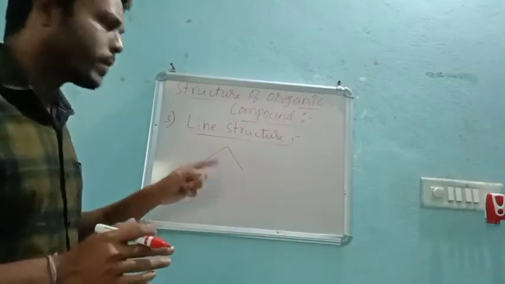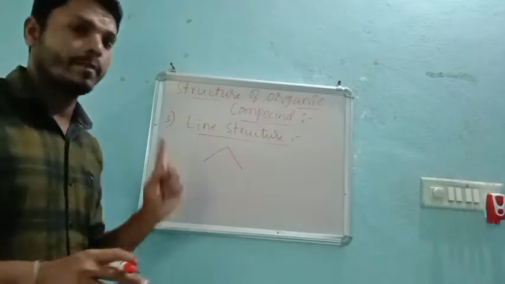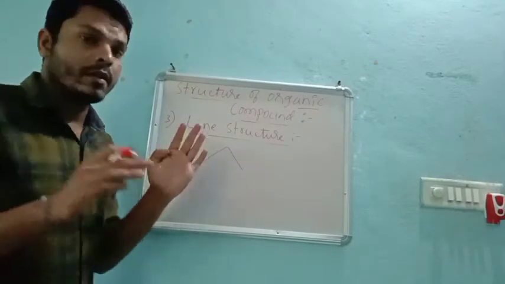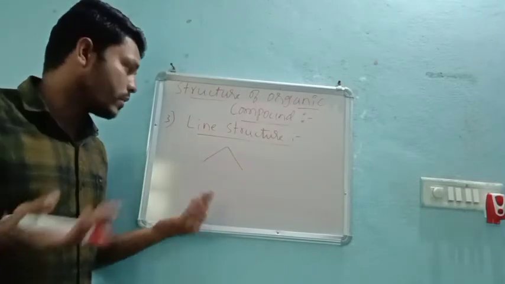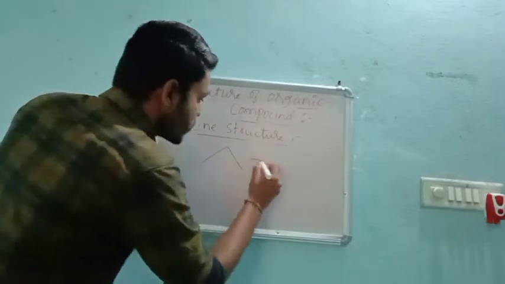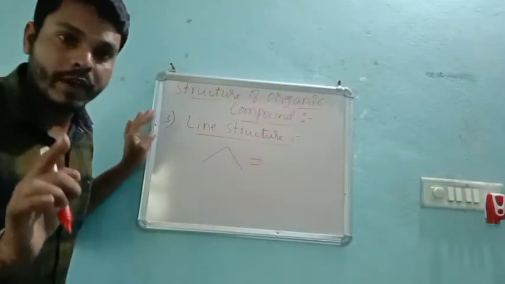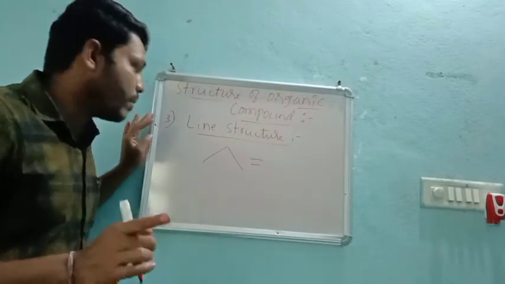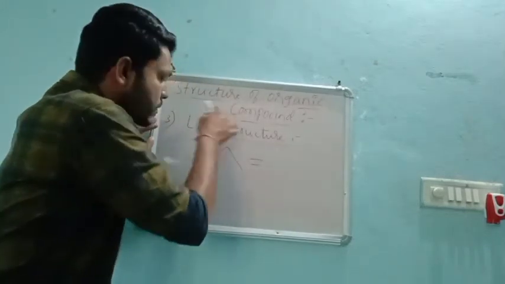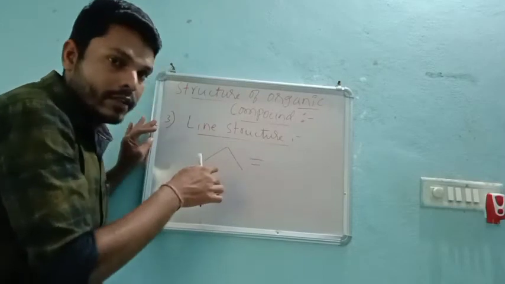We have to represent the complete structure with lines. Then how do we identify where there is a C and where there is an H? This is the difficulty. If we write the organic compound completely with lines, such structures are called line structures.